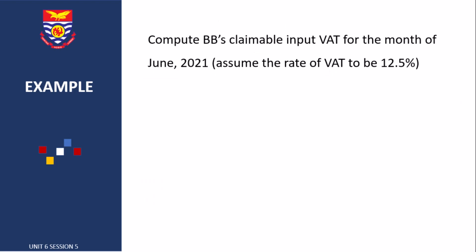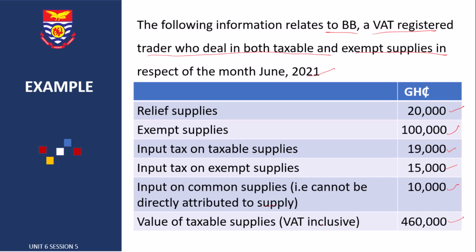We are required to compute BB's claimable input VAT for the month of June. Assume VAT rate to be 12.5%. I'm giving you a few seconds to put down the question, then we solve it.